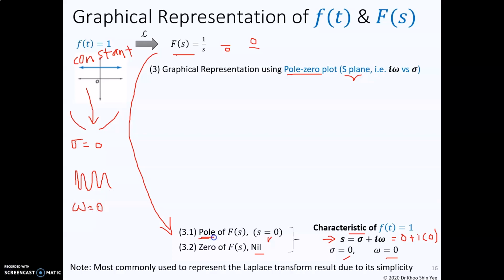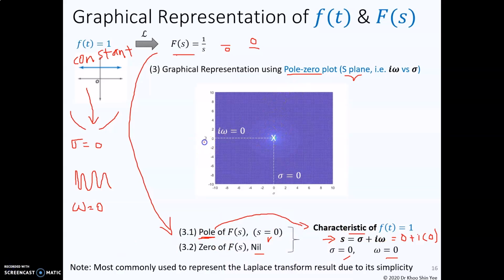So the pole is very useful for engineering applications. It can tell you what the characteristic of f(t) is. So this is the pole zero plot. You have i omega versus sigma, and you draw a cross indicating the pole at i omega equal to 0 and sigma equal to 0 here.